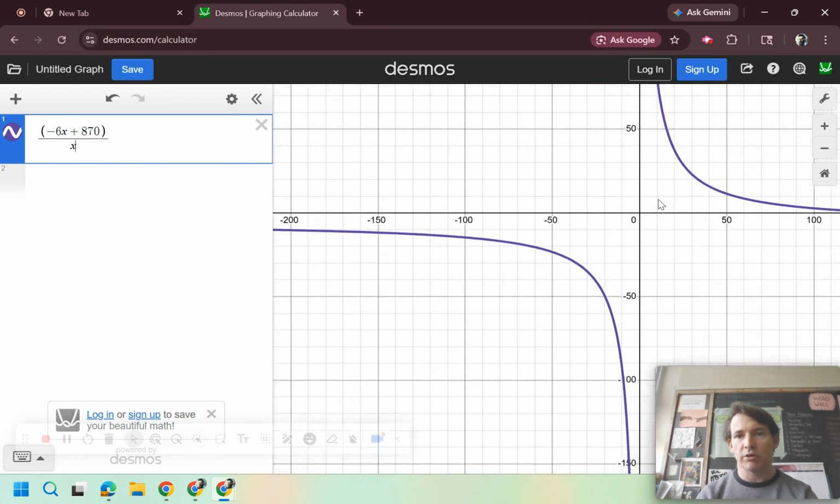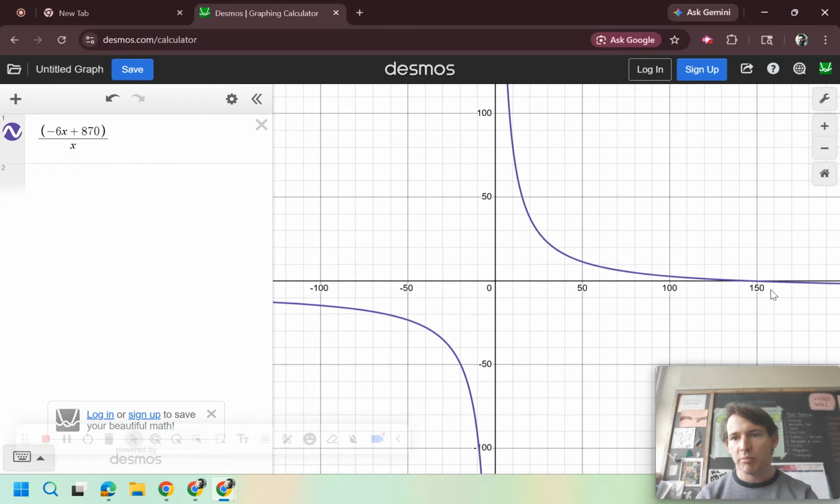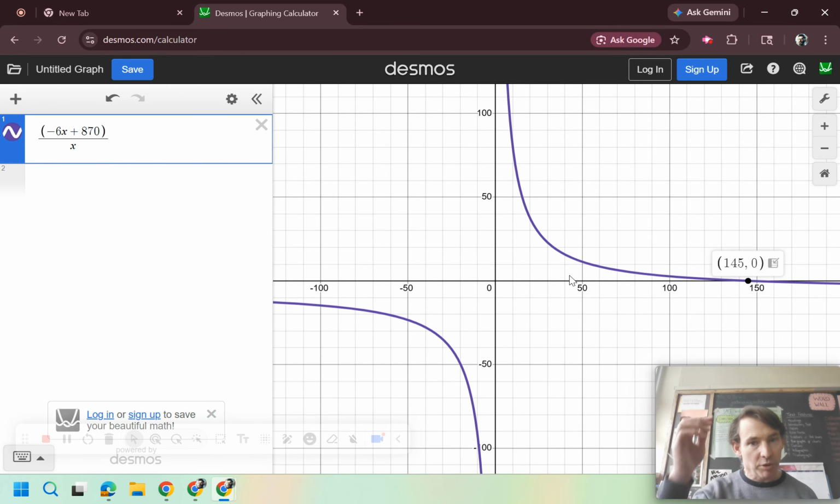It doesn't even show up on our graph because it's so high up, but we see that it crosses over here at 145. As x approaches 0, their costs approach infinity as they produce towards 0 units. So not being in business is very expensive, although I suppose the negative infinity kind of cancels it out. That's practically 0 in this context. But if you just produce 1 unit, it's very expensive.